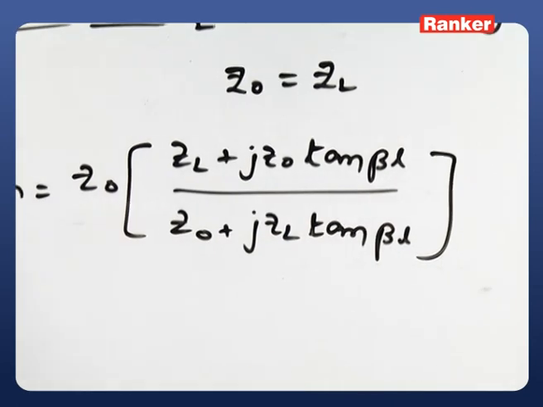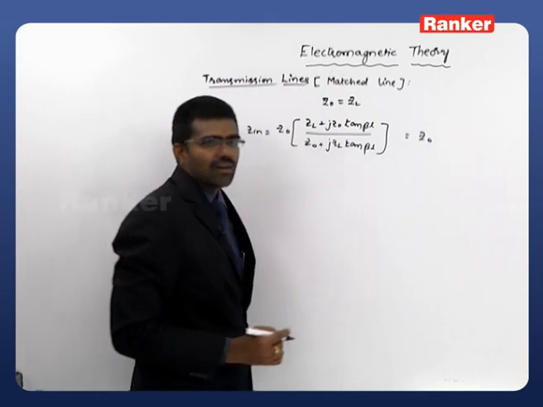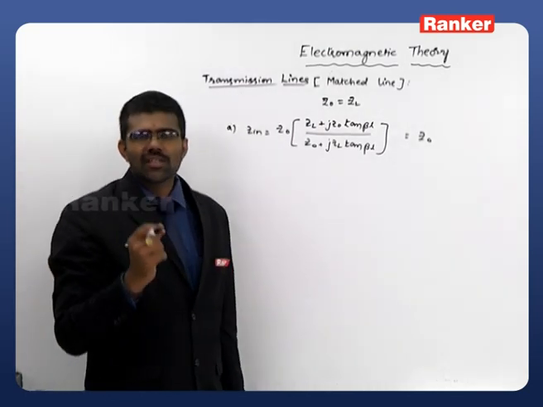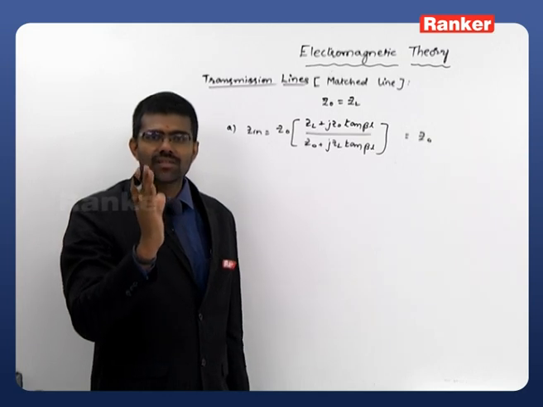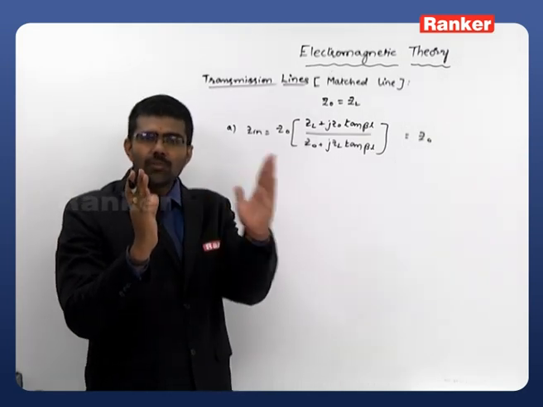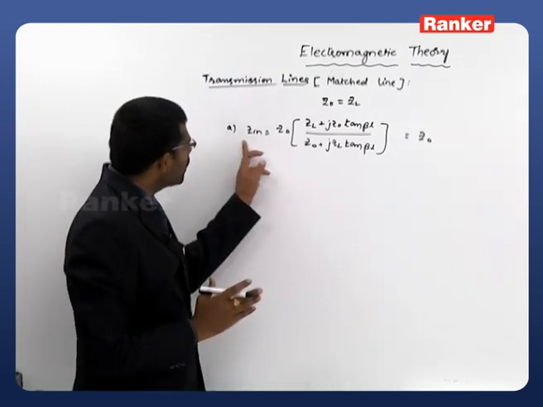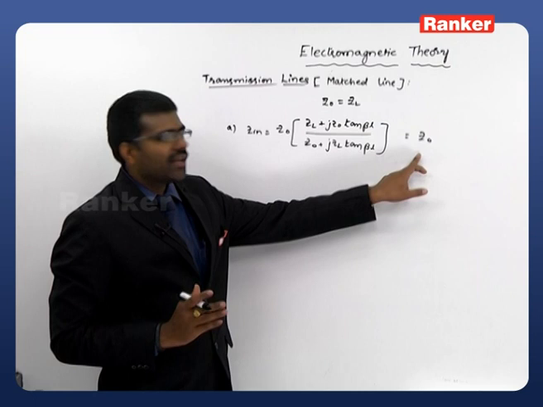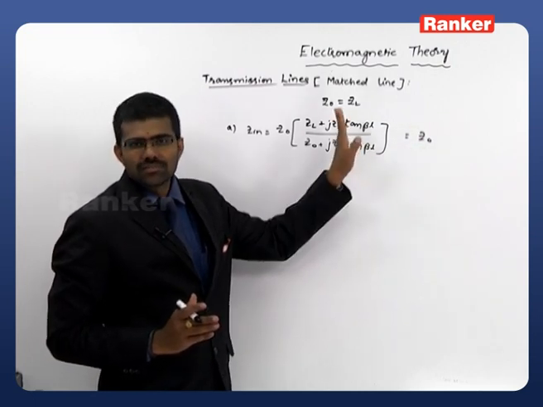These two terms will cancel, and then Zin is equal to just Z0. So whenever we have a transmission line with load impedance equal to the characteristic impedance, the input impedance must be equal to the characteristic impedance. It's a very simple one, right? And clearly it is a pure resistive term. There is no reactance here, right?